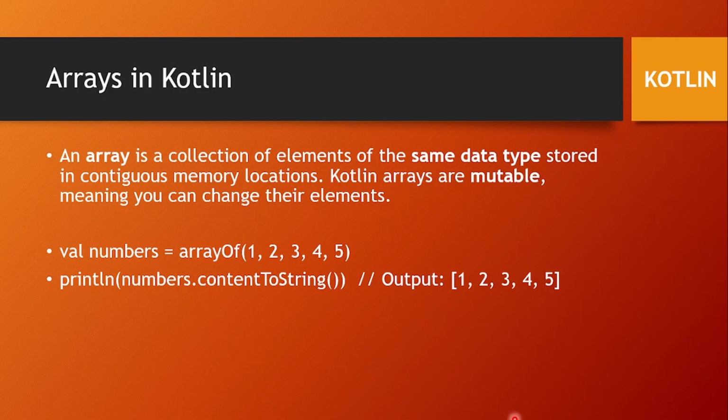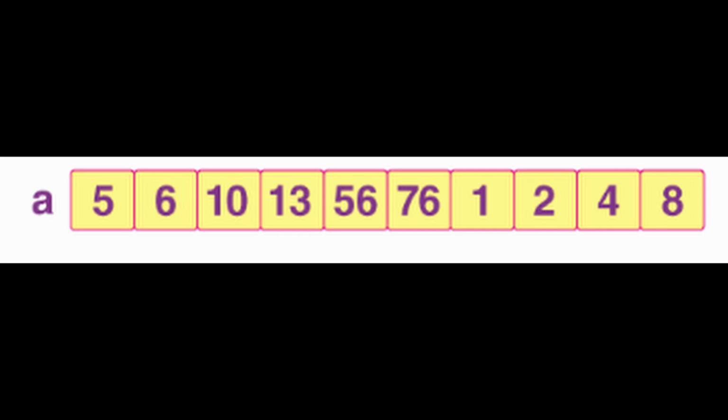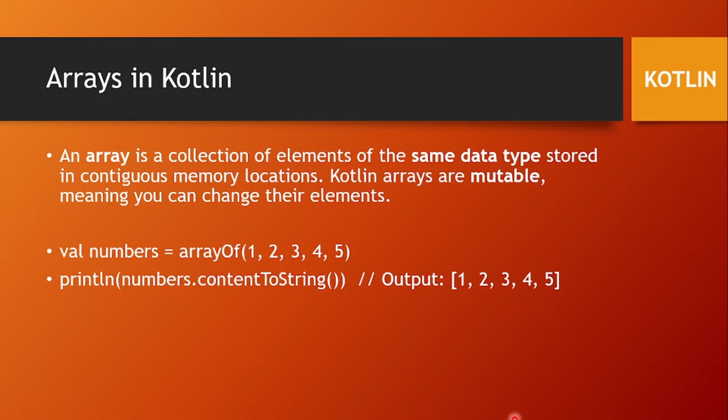Generally arrays hold the same types of data, but you can have different types of data. That is what I am saying about homogeneous data and heterogeneous data. Homogeneous data are the same types of data, and generally arrays are homogeneous. They are the same data type in a variable and they would be in contiguous memory location.